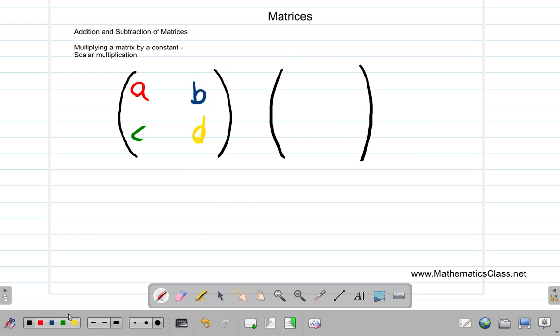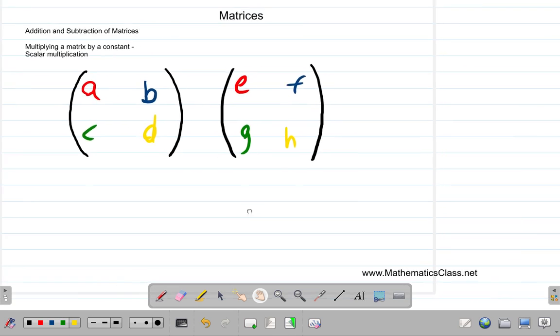In the second matrix, what do we have? E, F, G, and H. So those are the elements.